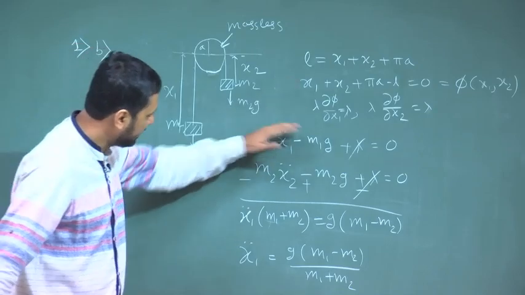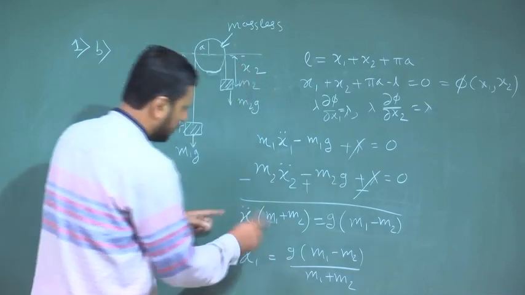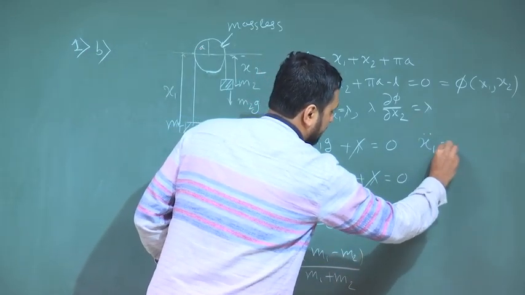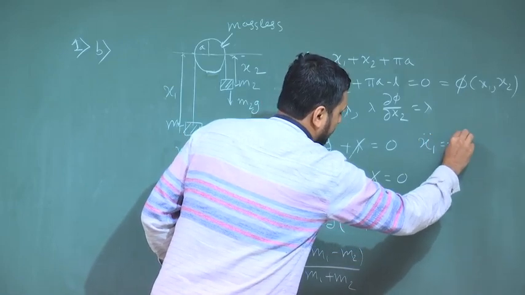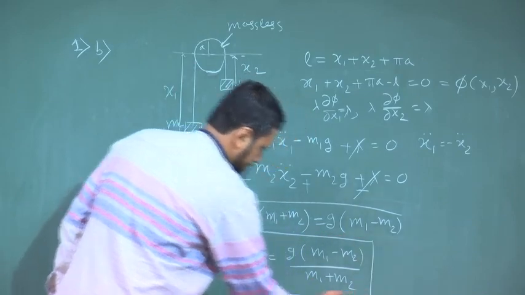It is a little more simpler. We get two separate equations, simple algebraic manipulation, and of course, we have to keep in mind here also we need to use that x 1 double dot is equal to minus x 2 double dot. Okay. And then finally, we got this equation.